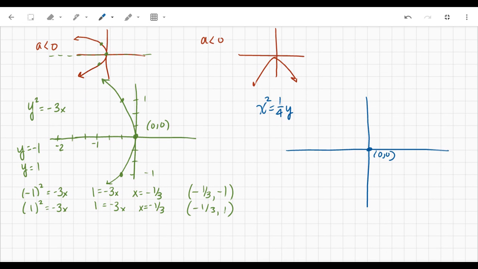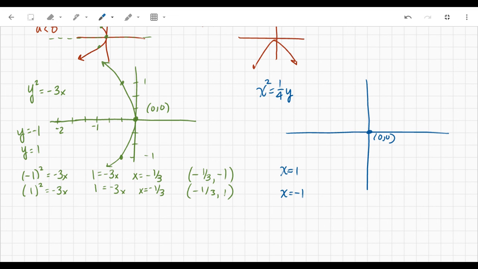So we can go ahead and do when x is 1 and negative 1. And again, like the one that we just did in the green there, we really only need to do one of those because we know that we're going to have symmetry. Okay, so if x is 1, then 1 squared equals 1/4 y. 1 equals 1/4 y. So then 4 equals y.